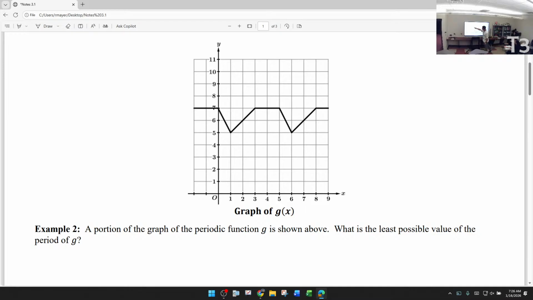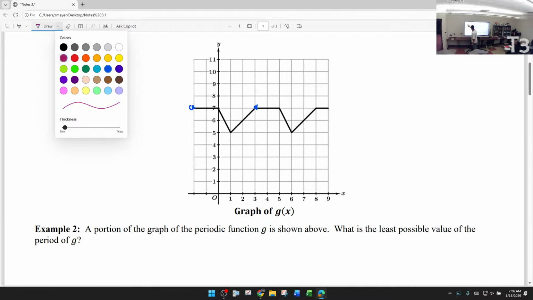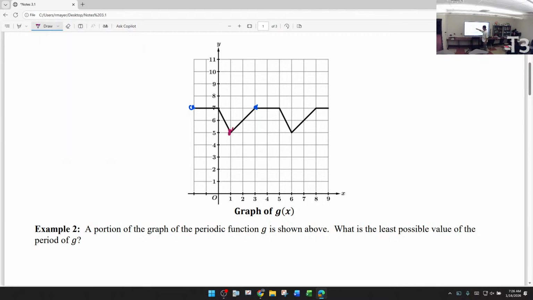So if I want to start right here, well, let me go back to a pencil again. If I start right here, it goes horizontal 2, drops over 1 down, it's coming back up, and then I'm going over horizontal 2 again. And so this looks like the distance where it starts repeating. Again, that's just where I chose. Some of you might choose the bottom of the V. Either way, if that's where you start, here's where it starts repeating.